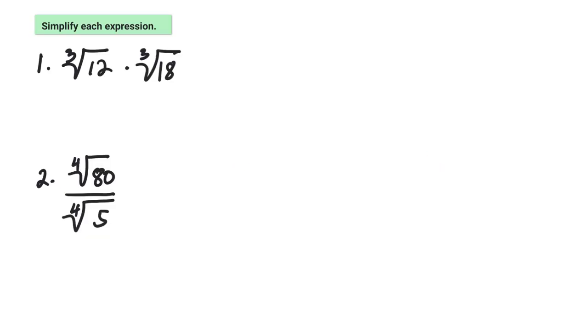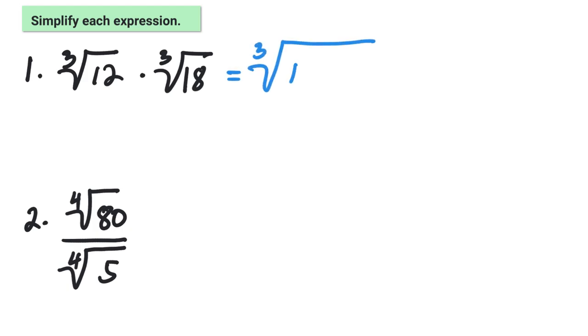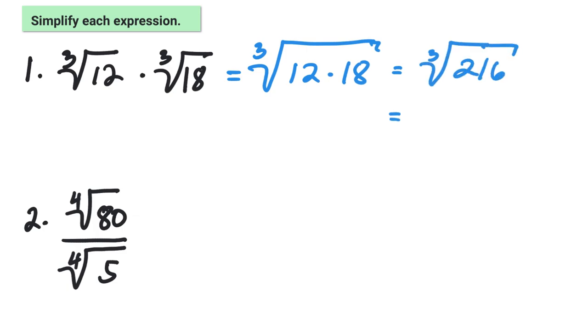Okay, simplify each expression. The cube root of 12 multiplied by the cube root of 18, so we can put that together in one radical sign. That's going to give you 12 times 18, which is 216. Now, the cube root of 216 is simply 6.